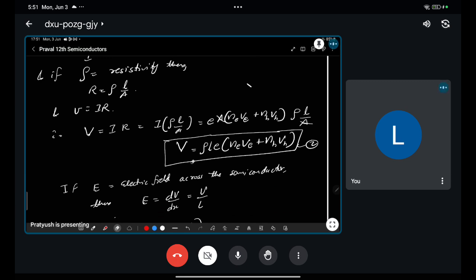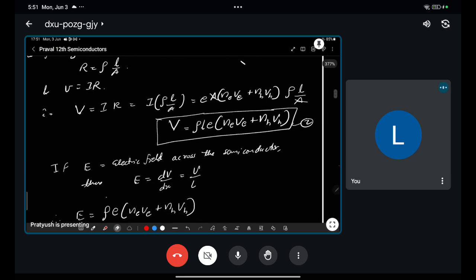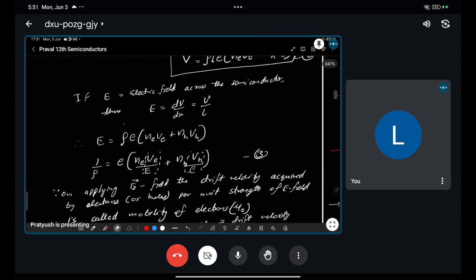We will get electric field, E = rho e (Ne Ve + Nh Vh).